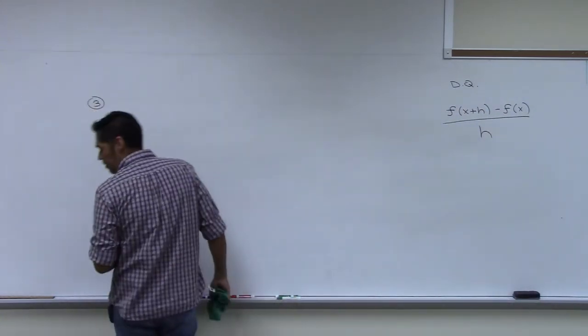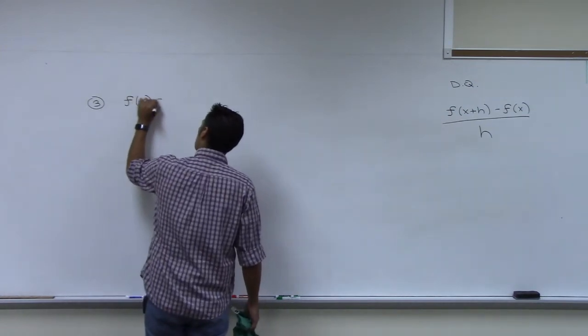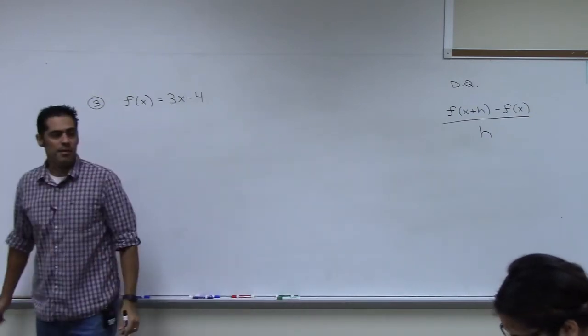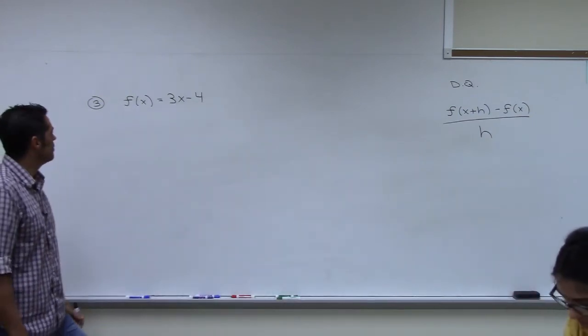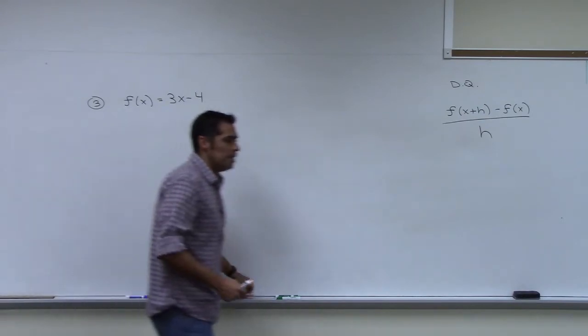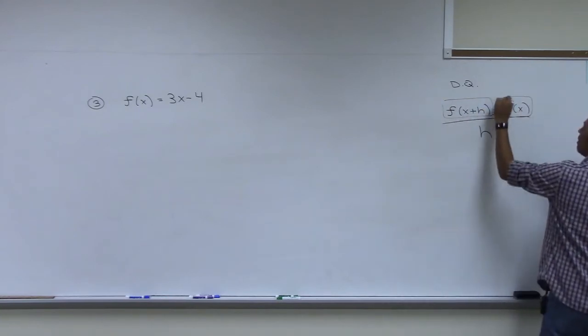So in number 3, I give you a function f of x equals 3x minus 4 and ask you for the difference quotient. So what I need to do is figure out what these different pieces are. There's top left corner, top right corner, and then the bottom, right?